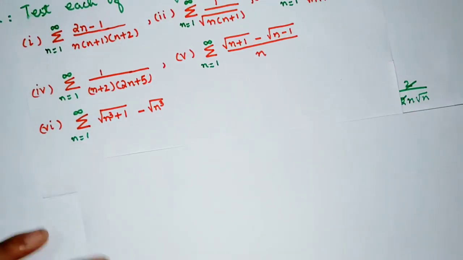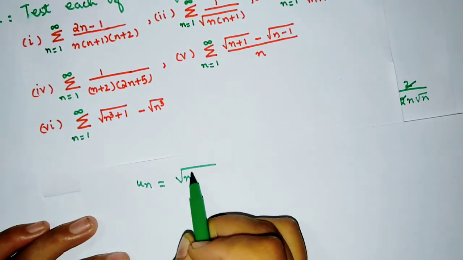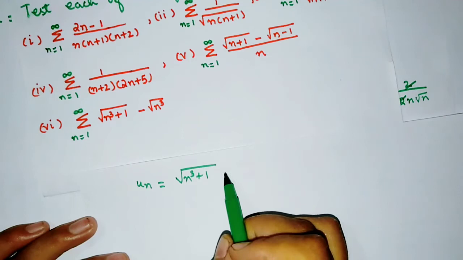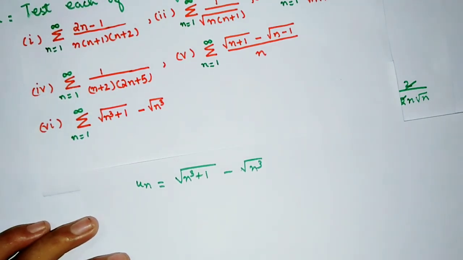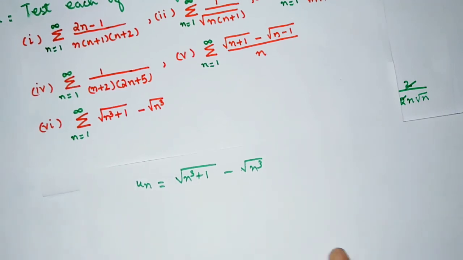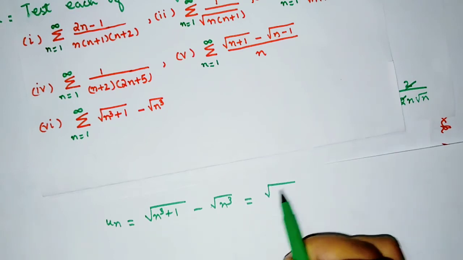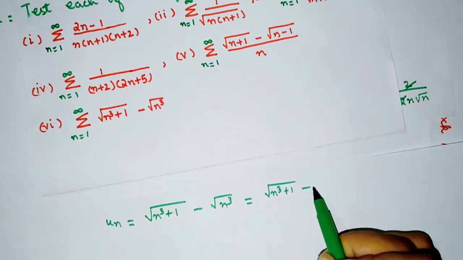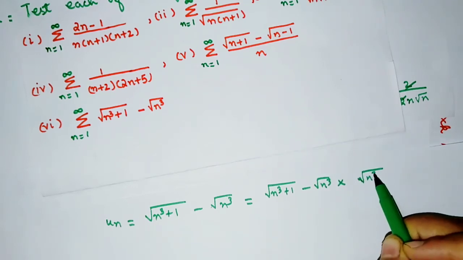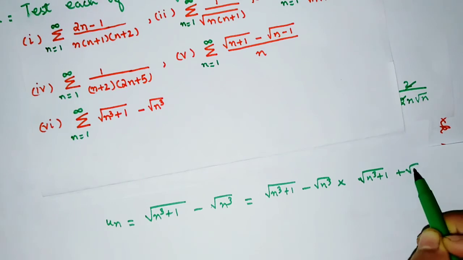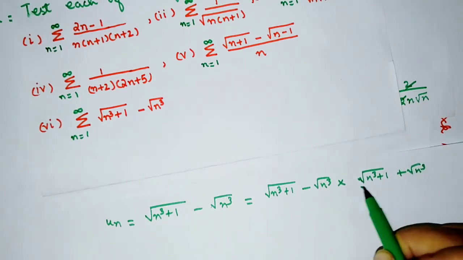This one, our Un is root of n cubed plus 1 minus root n cubed. We have to find Vn from this one. So first we have to rationalize this numerator. So we have root n cubed plus 1 minus root n cubed, into root n cubed plus 1 plus root n cubed. We are rationalizing the numerator.